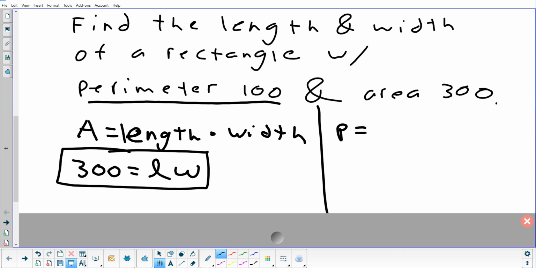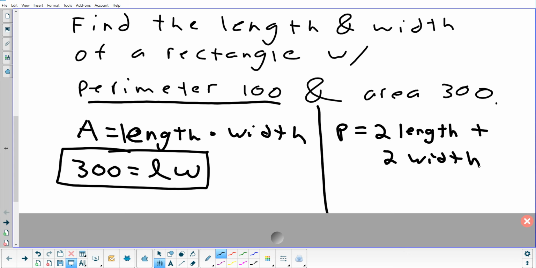Is it 2 lengths plus 2 widths? 2L, yeah, we can write it that way first: 2 of the lengths plus 2 widths. L, L, W, W, and then add them all up.